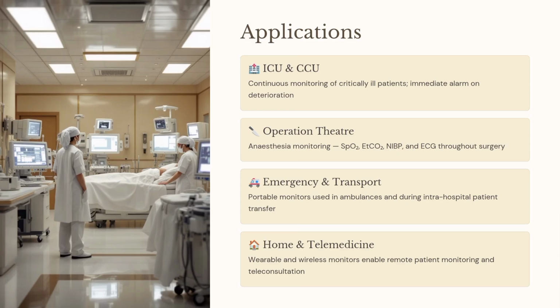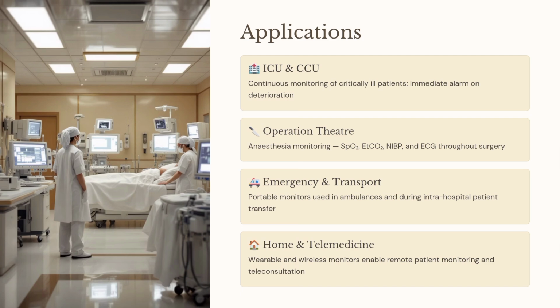Next comes the applications. First, it is used in ICU and CCU. What is ICU and CCU? Intensive care unit and critical care unit. They continuously monitor critically ill patients and give immediate alerts if the condition worsens. Next, in operation theaters, they are used during surgery to track the patient's heart rate, oxygen level and blood pressure to ensure that the patient is safe.